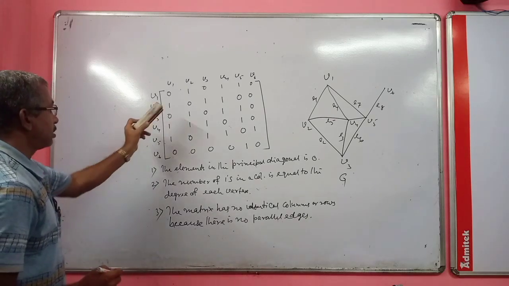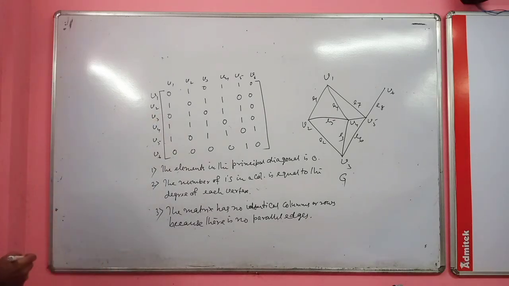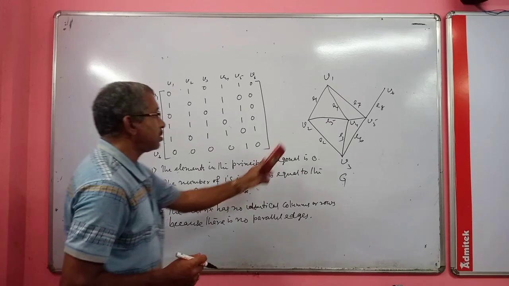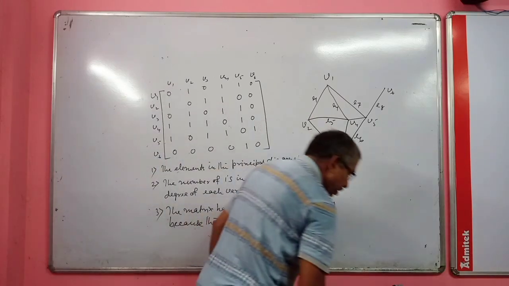We can see that in this matrix there are no identical rows or identical columns, since there are no parallel edges.